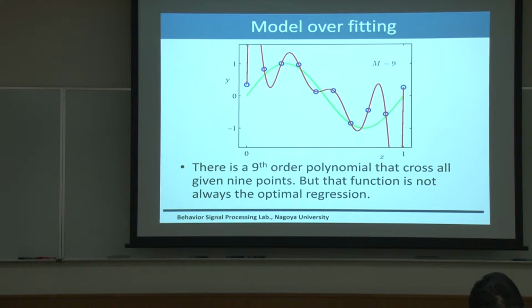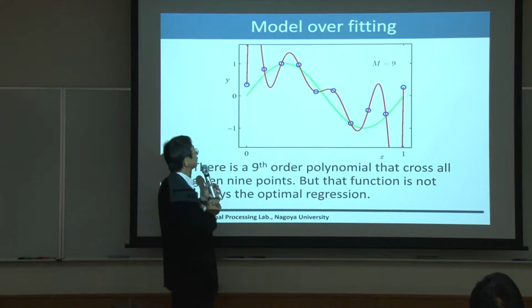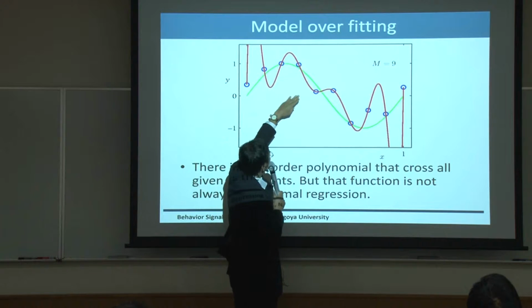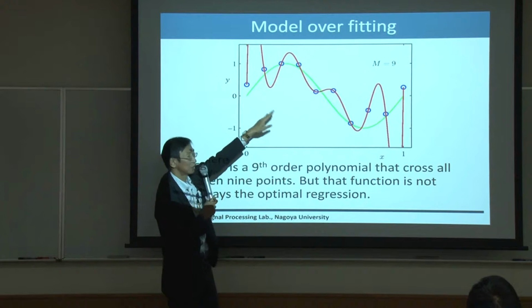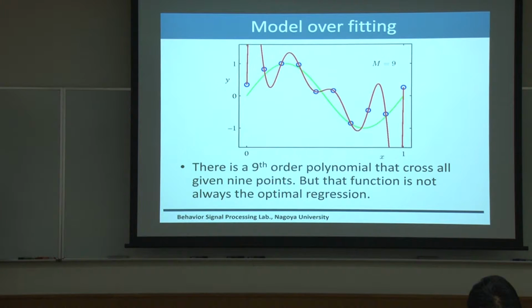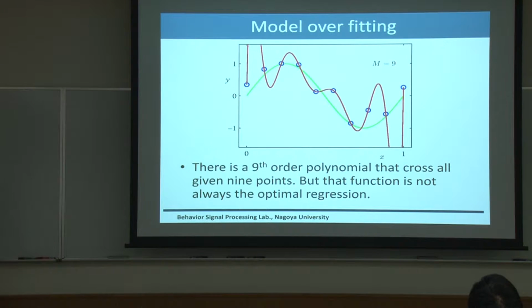So this is an extreme case: if you have a very flexible function like a 9th order or 10th order polynomial, then you can easily find a curve that goes through all the data sample points. But obviously this is too extreme to understand the hidden phenomena. It is not true because this is one shot of the observation, and that is not always the same.